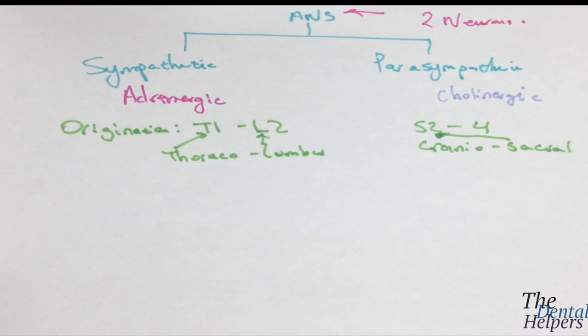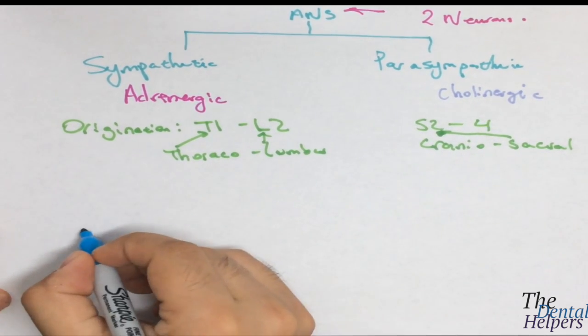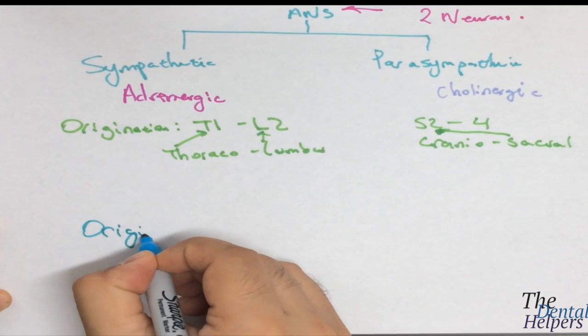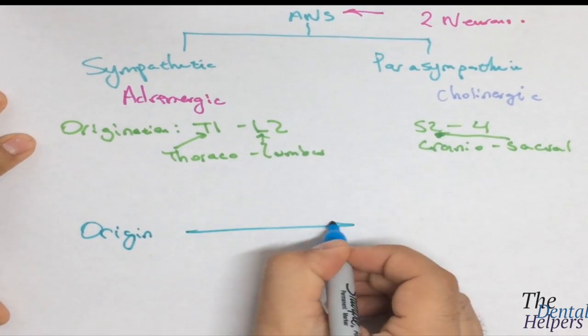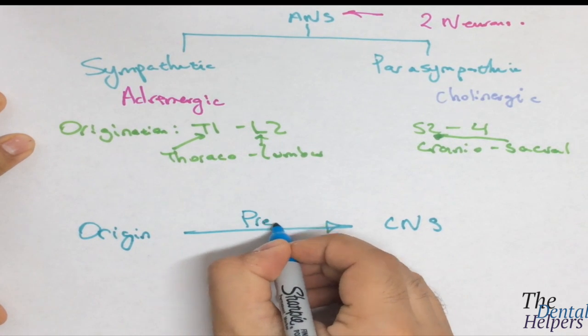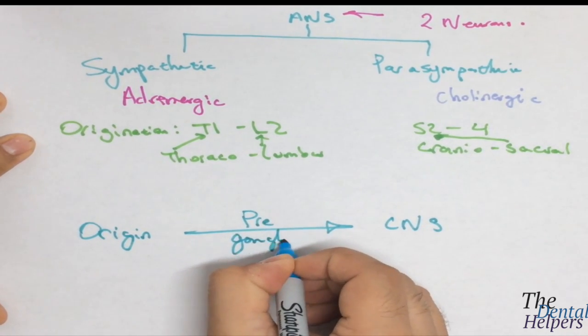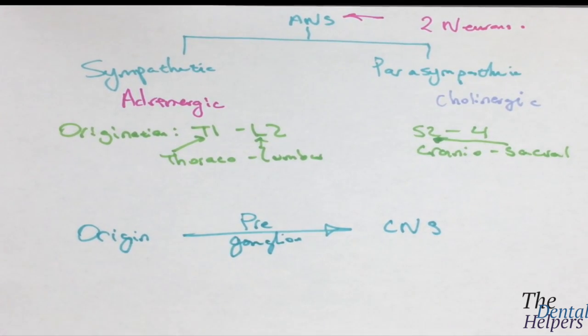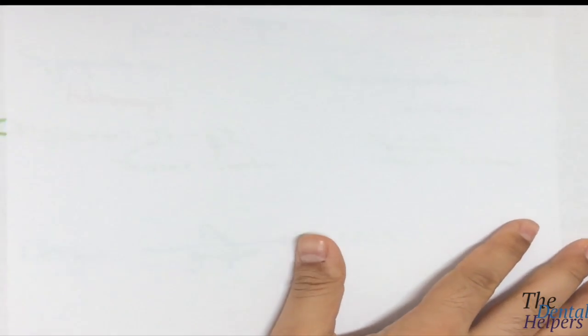So what that basically means is we're going to have an origin, and then we're going to go to the central nervous system. But along the way, it has to reach the pre-ganglion. So there are a couple paths that you can take to be able to have a sympathetic response.